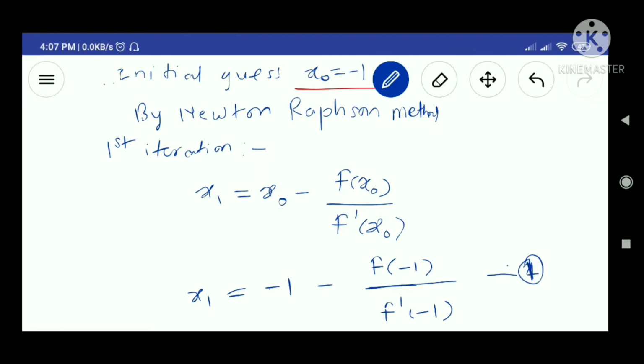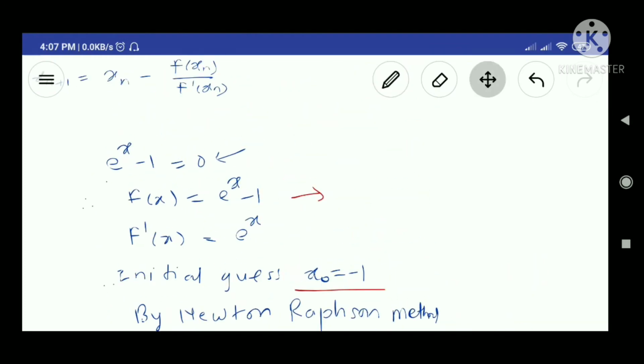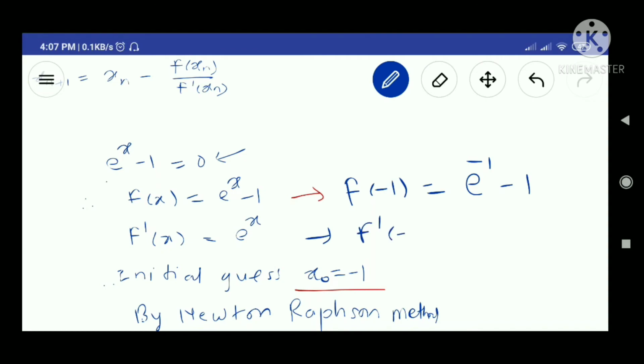Now find out value of f of minus 1. Here from f(x) you can easily find f of minus 1 as e raised to minus 1 minus 1, because instead of x we have to put minus 1, and f dash of minus 1 will be e raised to minus 1.